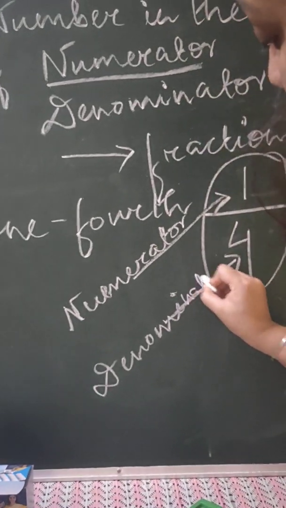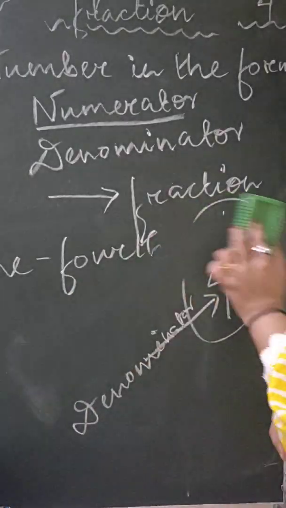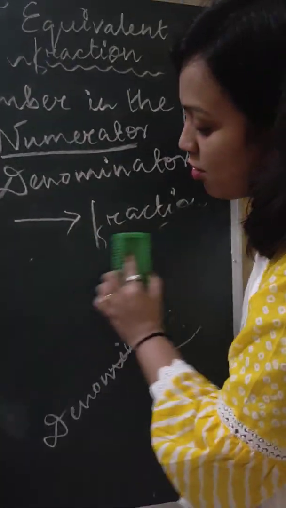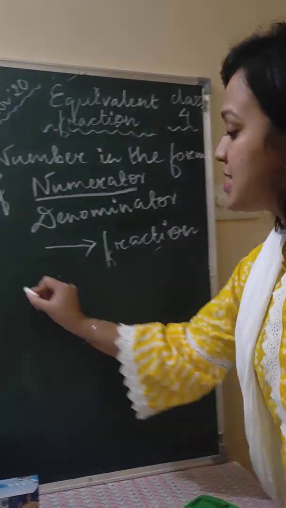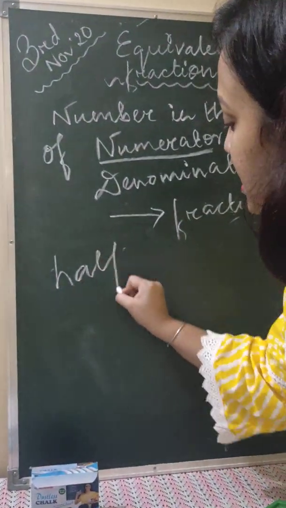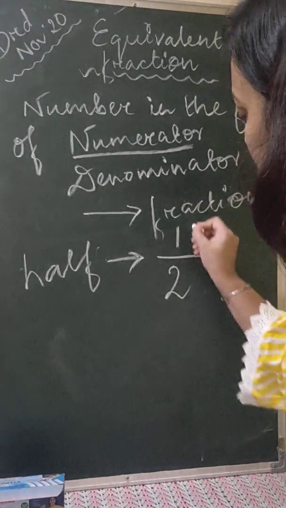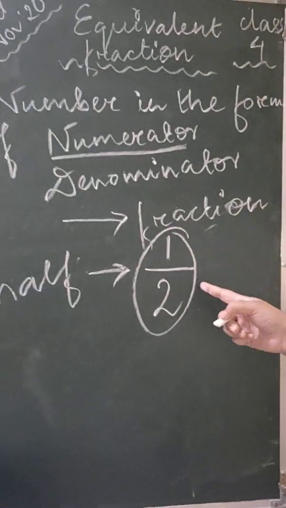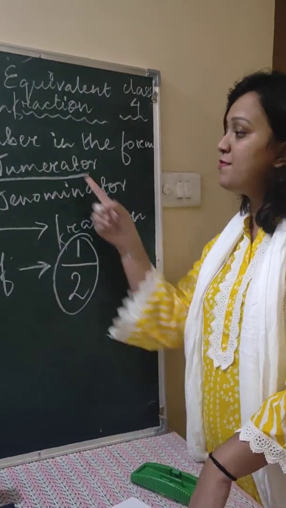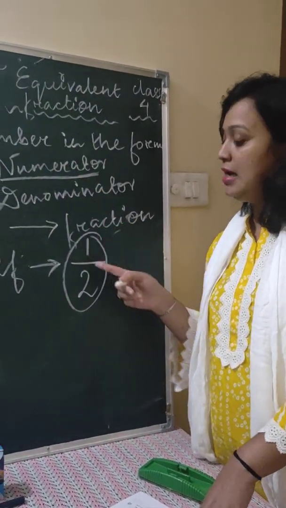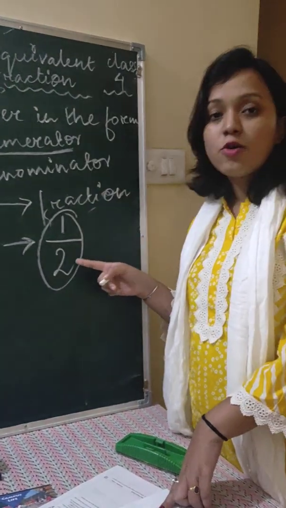Okay, understood? Now likewise, when I say half, this half is represented in the form of 1 by 2. 1 by 2 is also a fraction, because it is in the form of numerator by denominator, where 1 is in the numerator's place and 2 is in the denominator's place.